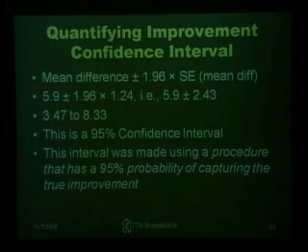Now you can say that this drug will, with 95% confidence, now unfortunately we cannot say 95% probability, because the true value is either in here or not in here. There is no probability attached to it. But what we can say is we used a very good procedure. That's the bottom line. This interval was made by using a procedure that had a 95% chance of capturing the true value.